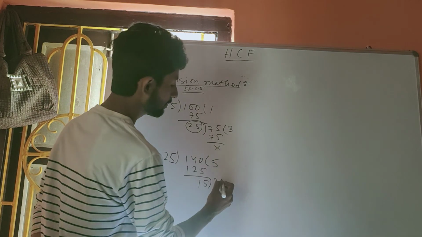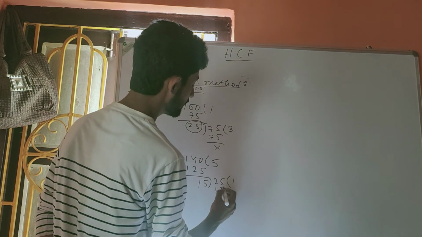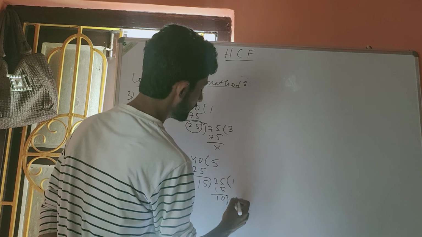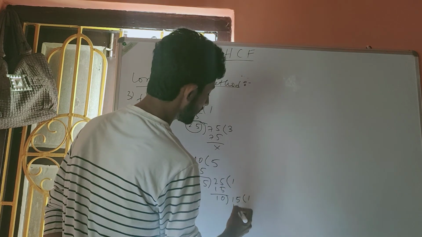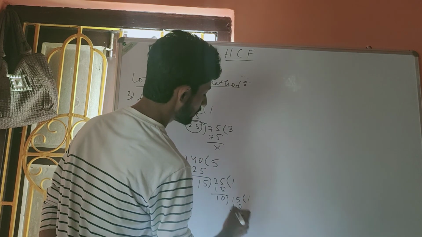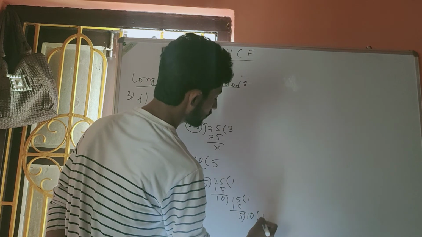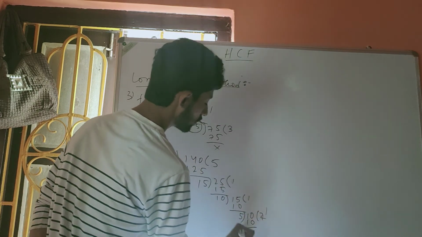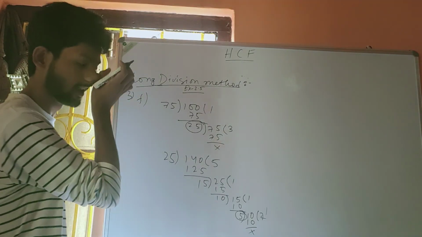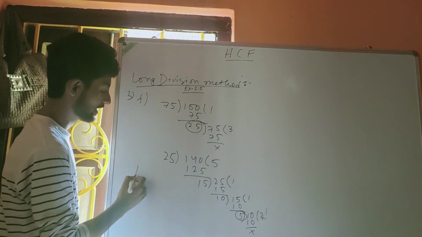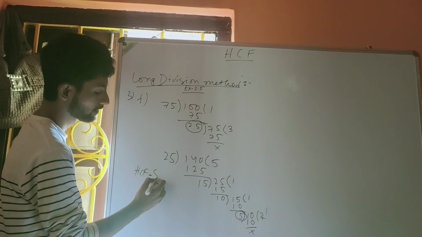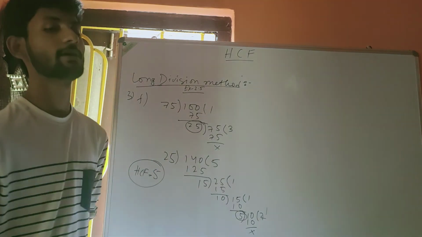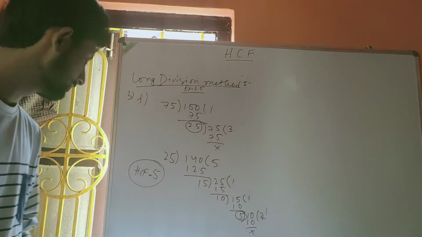So 15 divides 25 once, remainder 10. 10 divided by 15 gives 1, remainder 5. 5 divides 10, 2 times. So the last divisor is 5, hence HCF will be 5 only.